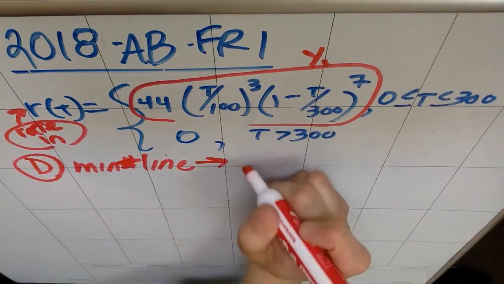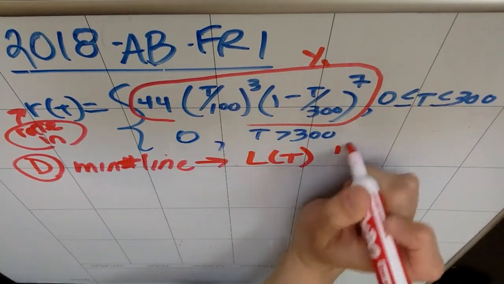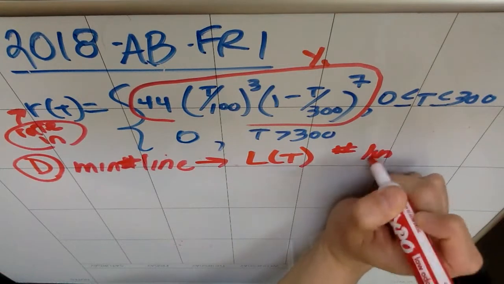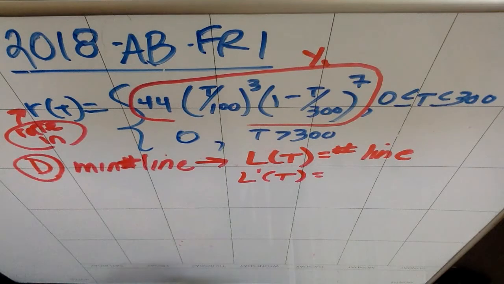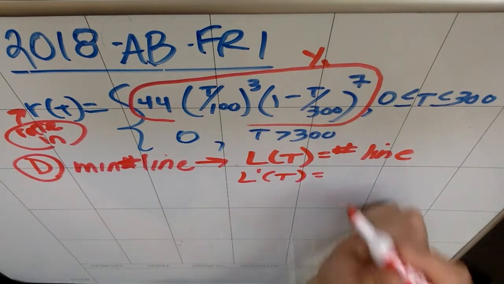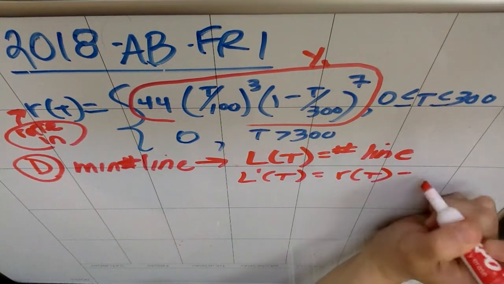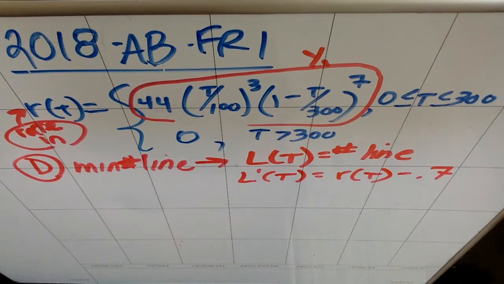So I'm just going to call L of t the number in line. That means that L prime of t is the rate at which people are getting in the line, which is R of t, minus the rate at which they're getting out of the line, which is 0.7. So this is the thing that is going to give me my critical points.